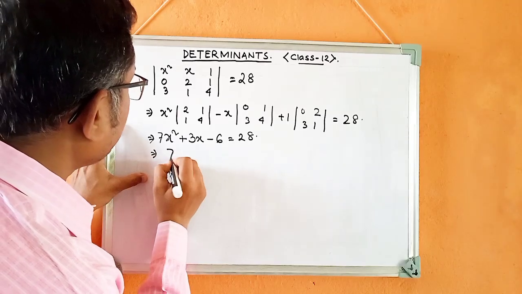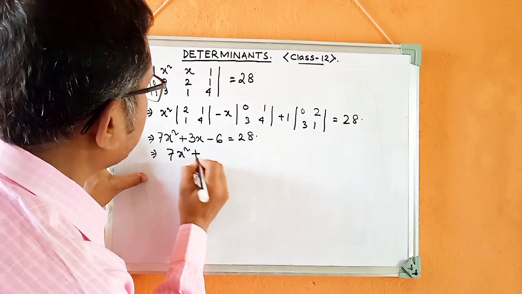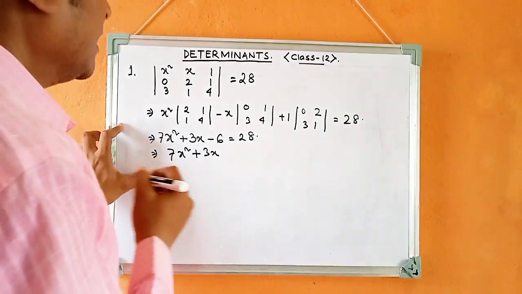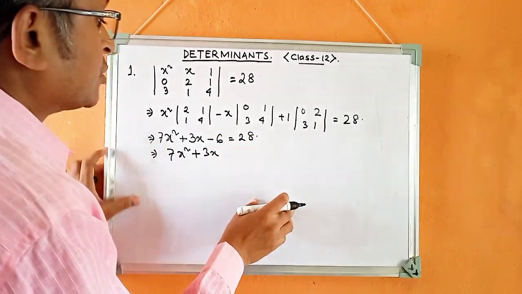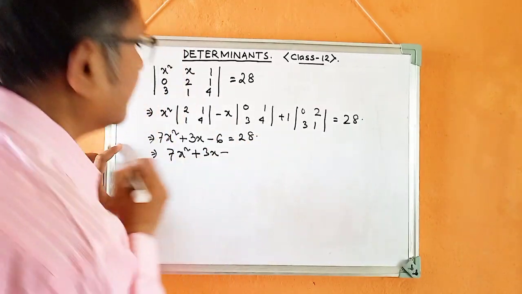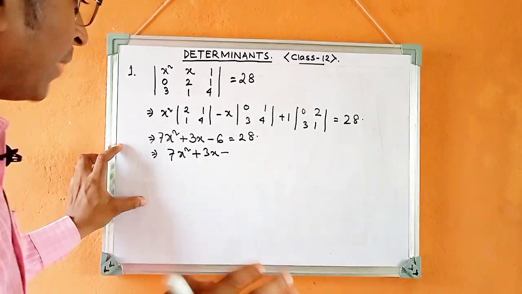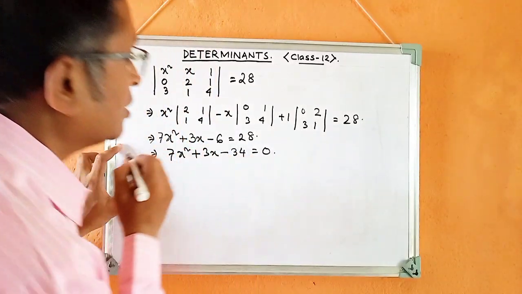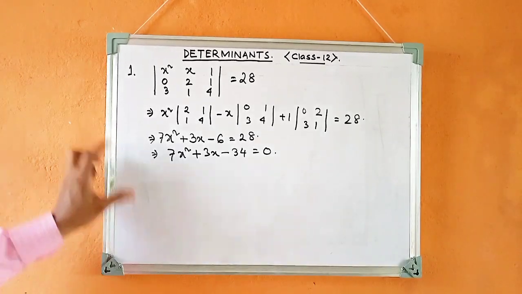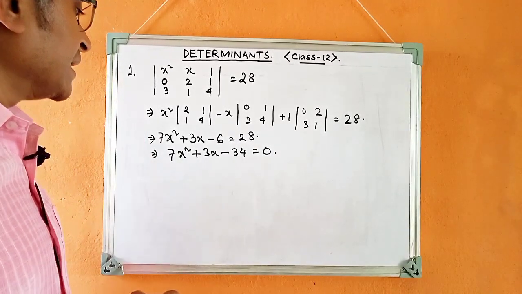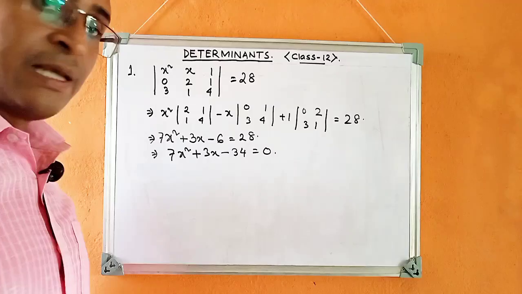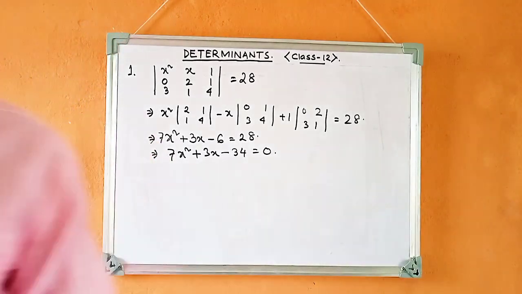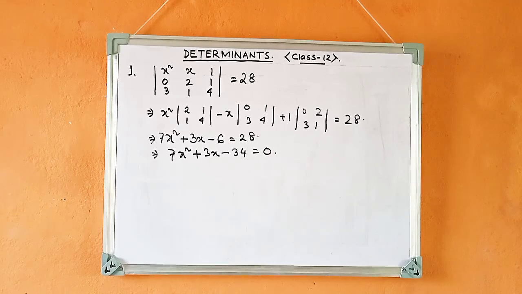Moving 28 to the left side, minus 6 minus 28 is minus 34. So we get a quadratic equation: 7x square plus 3x minus 34 equals 0.